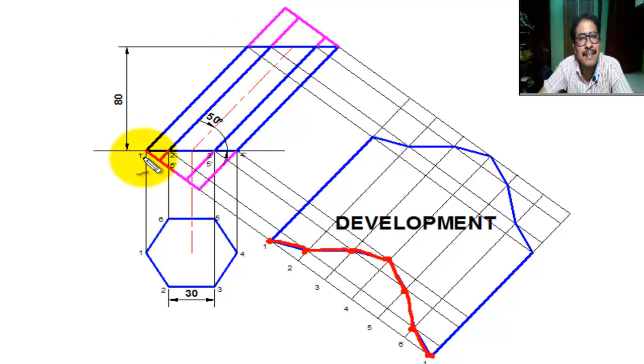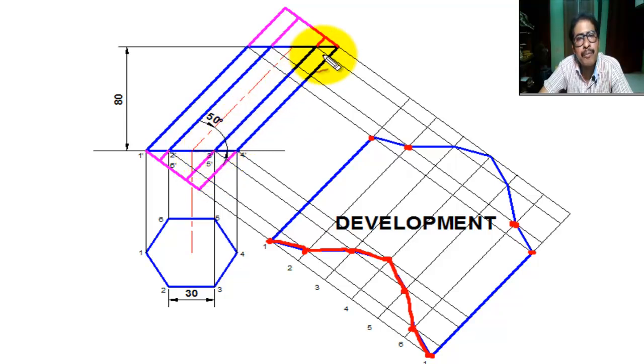Similar way, from 1 point, this is 1 dash. From 1 dash draw projection line. It cuts 1 number line. 2 dash, 6 dash. This is 2 dash, 6 dash. Draw projection line. It cuts 2 number line and 6 number line.